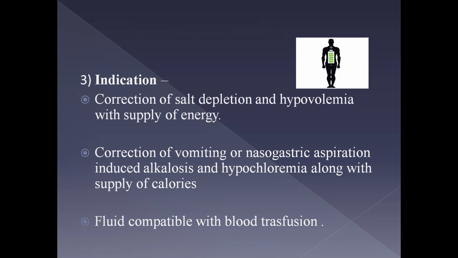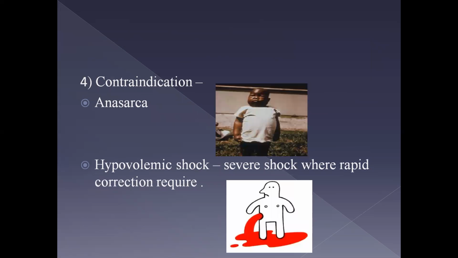Indications: correction of salt depletion and hypovolemia with supply of energy, correction of vomiting and nasogastric aspiration induced alkalosis and hypochloremia along with supply of calories, and a fluid compatible with blood transfusion.